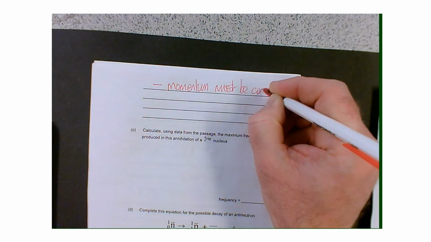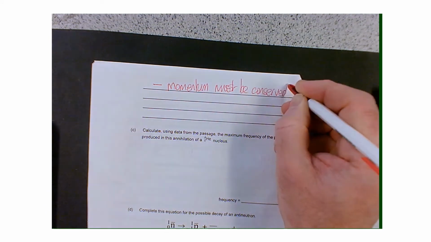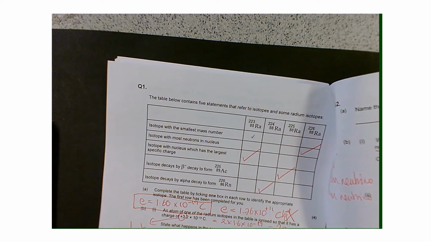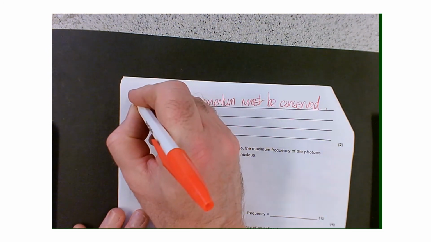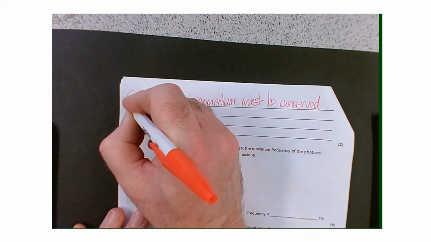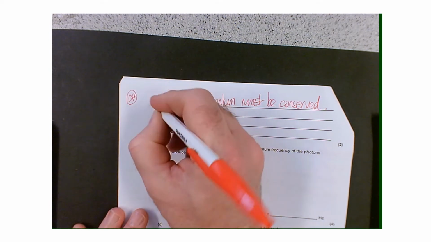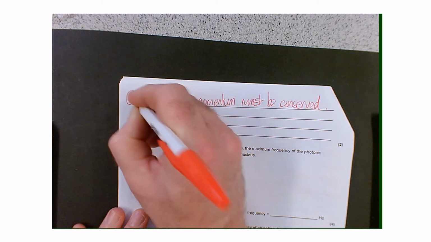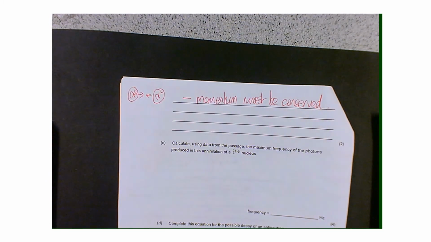be conserved. So what we've got is we're saying that there is a helium nucleus and helium antinucleus. They collide, right?